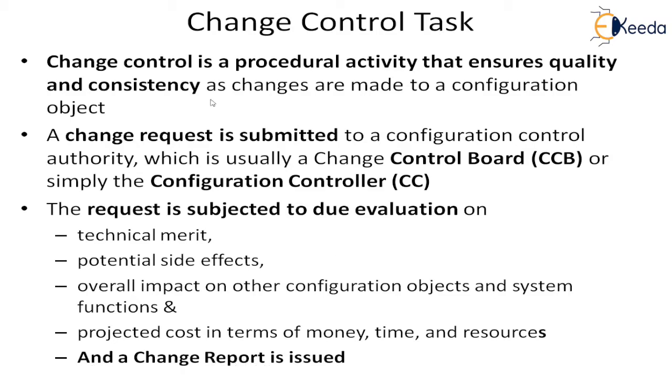So whenever a change is there, it will first get approved by the change control by this method of due evaluation. Then a report will be created. Change report will be issued.